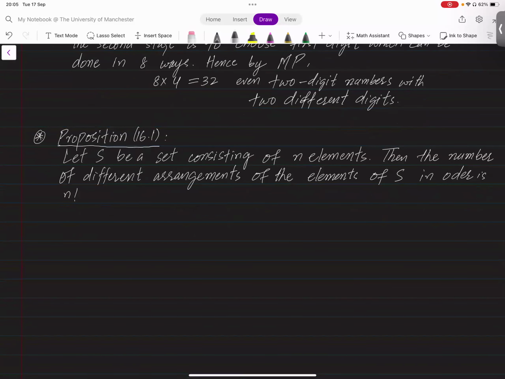And recall that n factorial is nothing but n into n minus 1, n minus 2, up to 2 into 1.